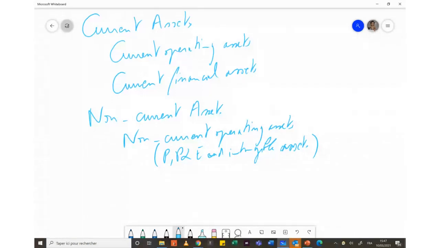Under IFRS or US GAAP, it is not because of the 1 year only. If the operating cycle is for more than 1 year, we keep in the current part what is related to the duration of the operating cycle. So the accounts receivable normally are in the current assets.